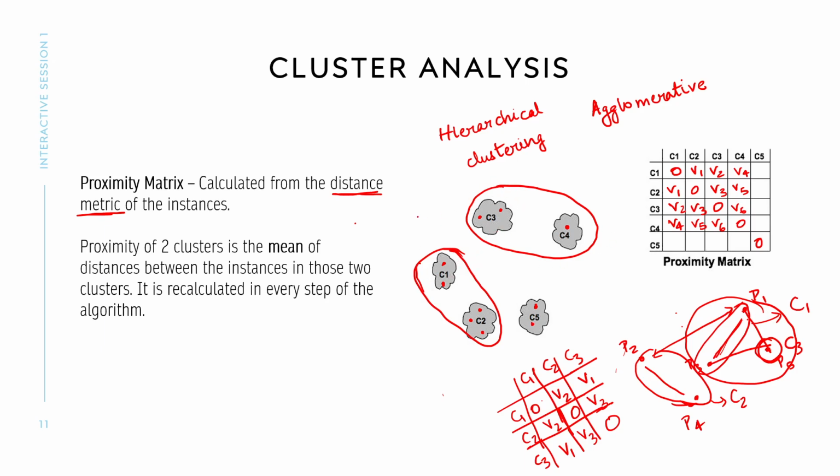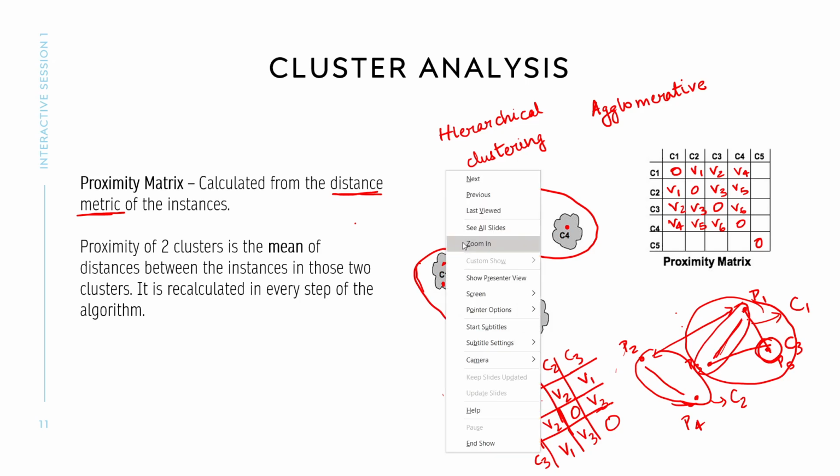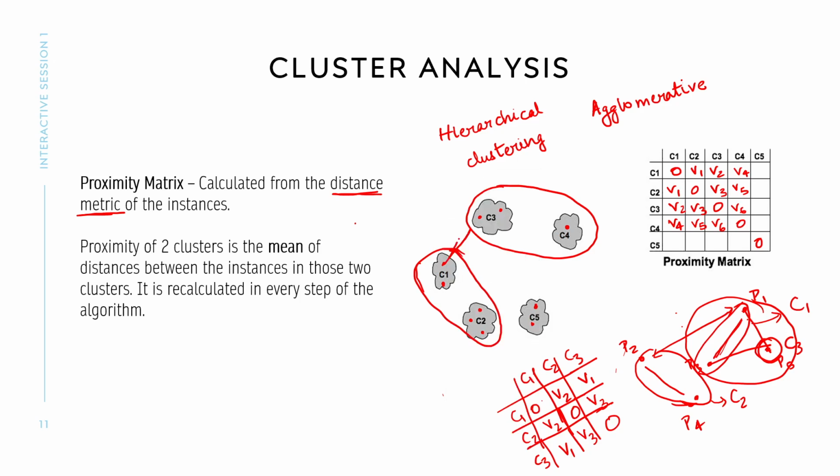Now in the next step, if you want to calculate proximity, then you have to calculate each of these distances. So now you don't calculate the distance between C1 and C2. Now you go for this C1, this C2, and then the distance C1, C3, C4, C5.